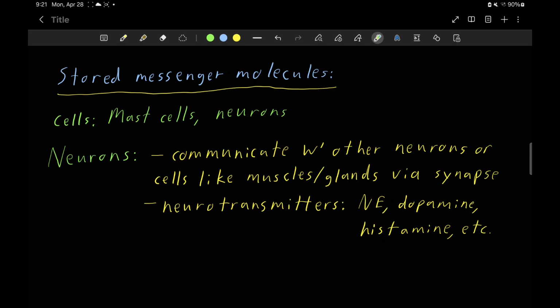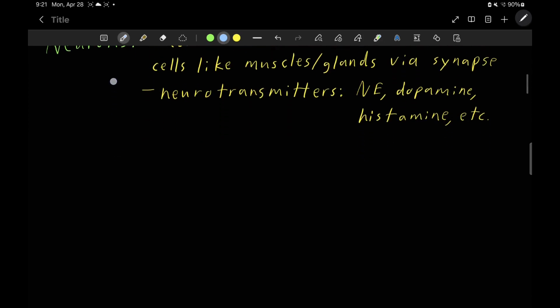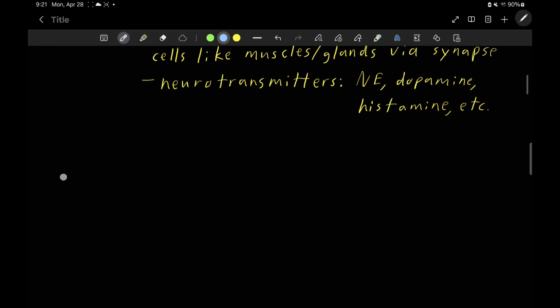So another type of cell that can store messenger molecules is the neurons, which are cells that act as a part of your nervous system. Neurons can communicate with other neuron cells or other types of cells like muscles or glands via something called the synapse. So basically, you have a neuron like that, and then you have a gap called the synapse.